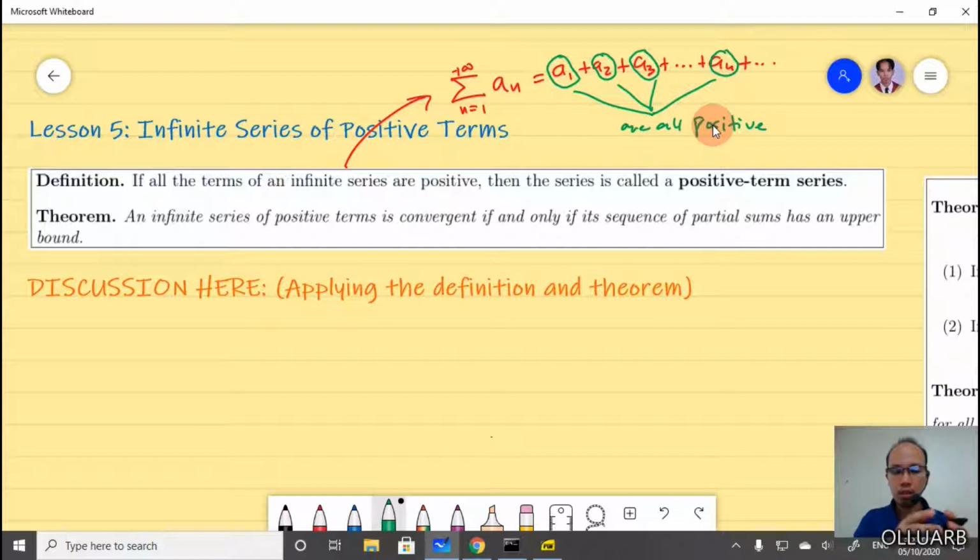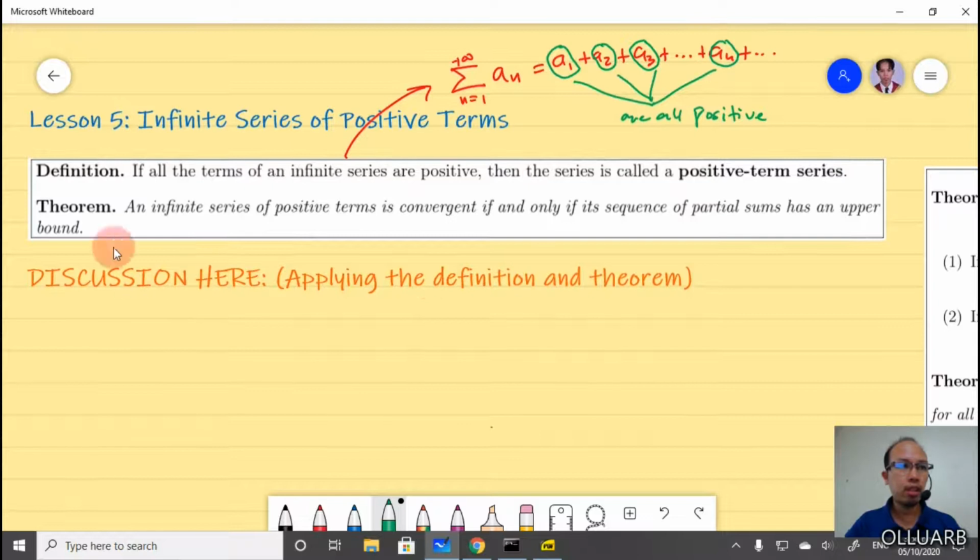Since all those terms are positive, if you add up the sequence of partial sums, t1 is equal to a1, t2 is equal to a1 plus a2. Remember that all of those are positive. Meaning to say, the sequence of partial sums is increasing. Please note that. So that's definition 1.